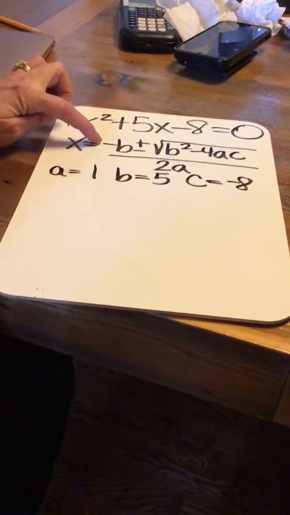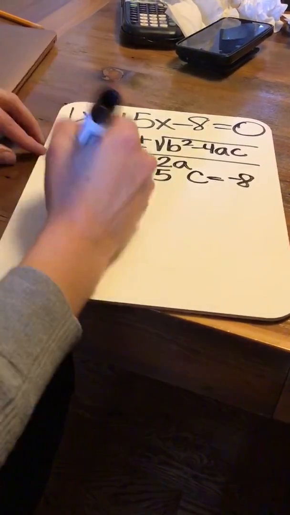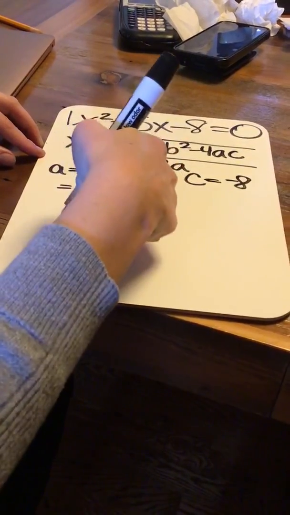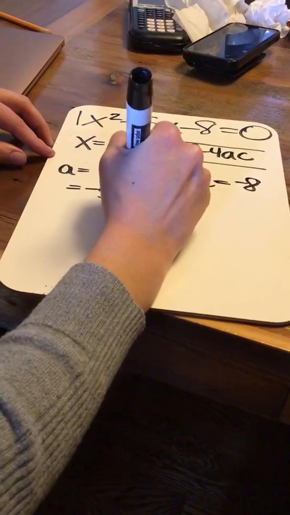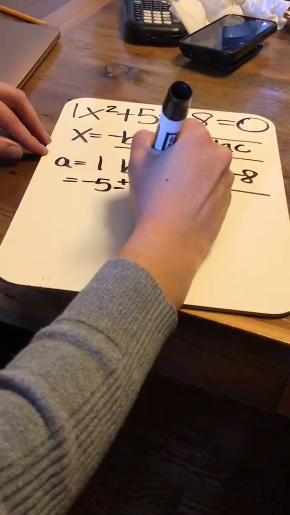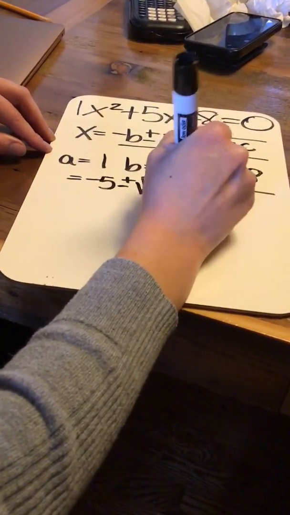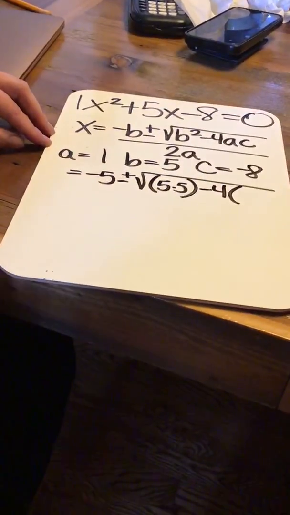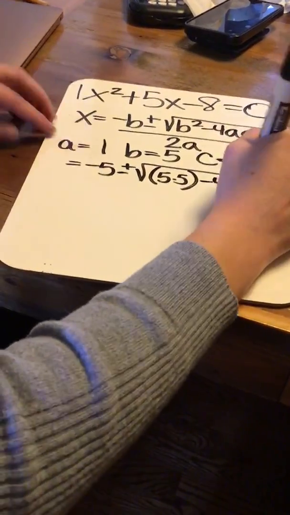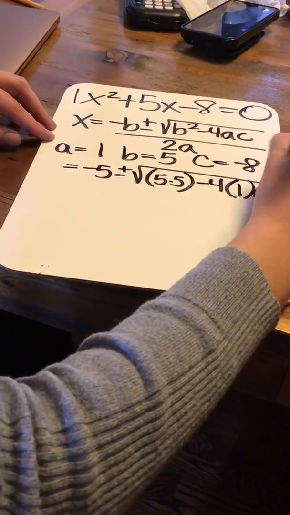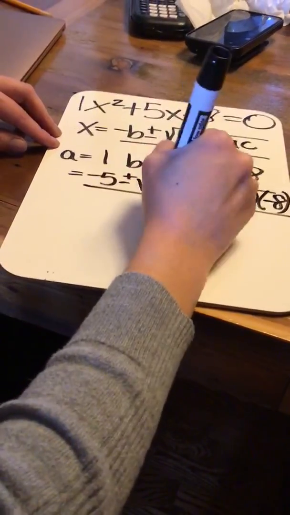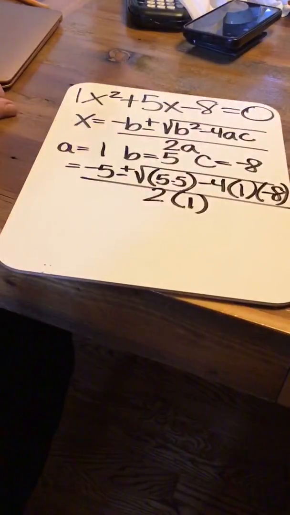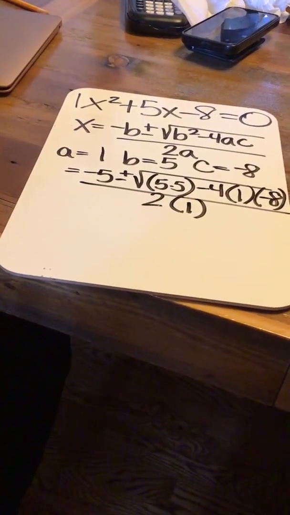So remember, -b means change the sign of b. So that means if my b is +5, I'm going to change it to -5, plus or minus the square root of b squared, so I'm going to write 5 times 5, minus 4 times a times c all over 2 times a. So I just plugged everything in.